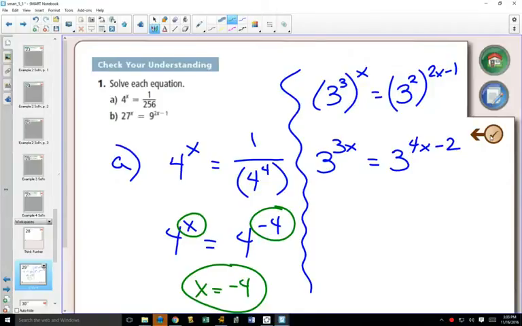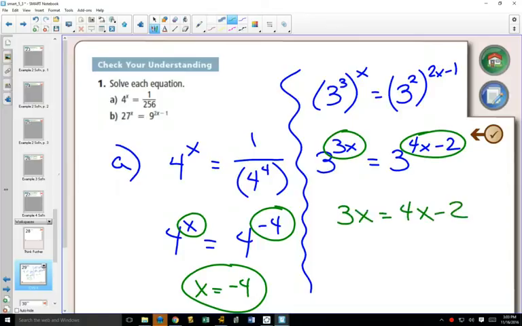And you see that we've succeeded in getting the bases the same. So if the bases are the same, then these exponents have to be the same. Now, unlike the last one where we could just say the answer because it was just x equaled negative 4, we still have some math to do because now 3x has to equal 4x minus 2.